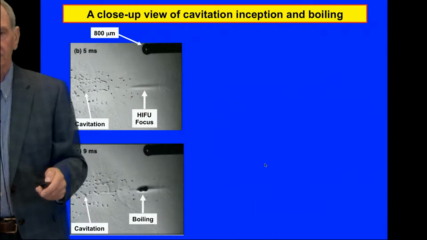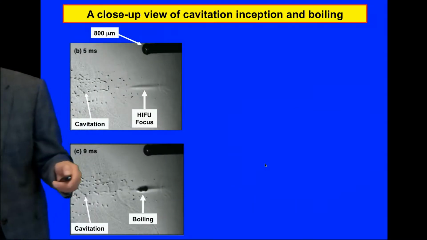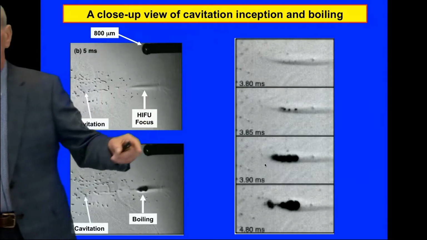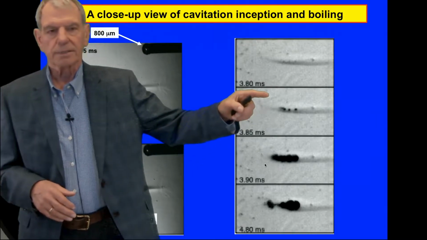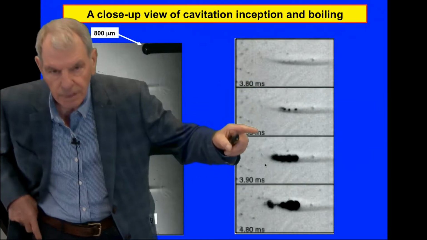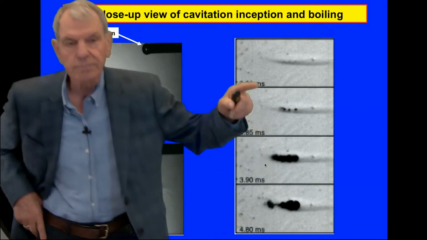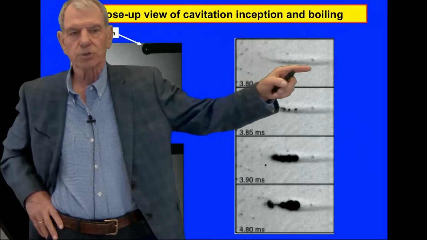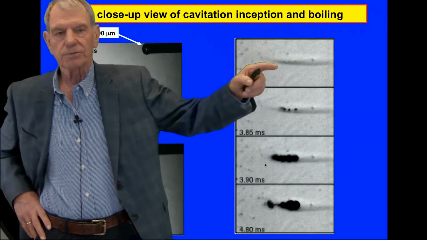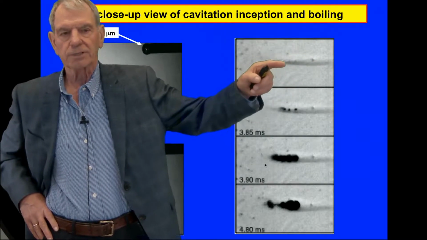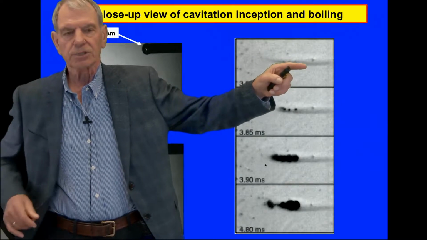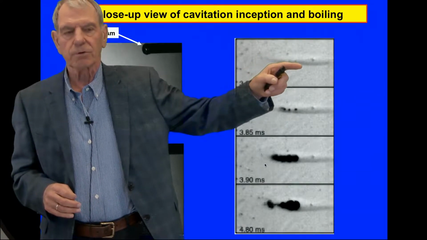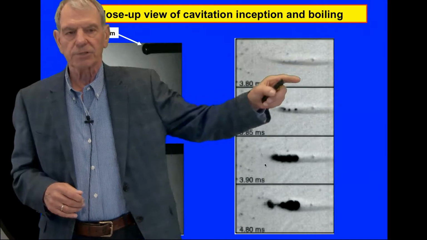Now, to analyze it in more detail, we look at here. So this is 3.8 milliseconds looking at the focus, and this distortion here means that you've distorted the temperature is rising, and so you actually distort the field somewhat, but there's no cavitation yet.